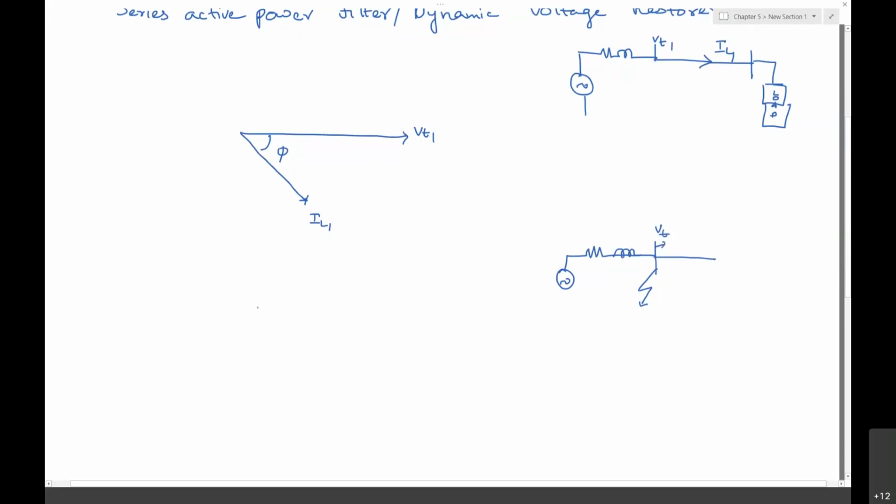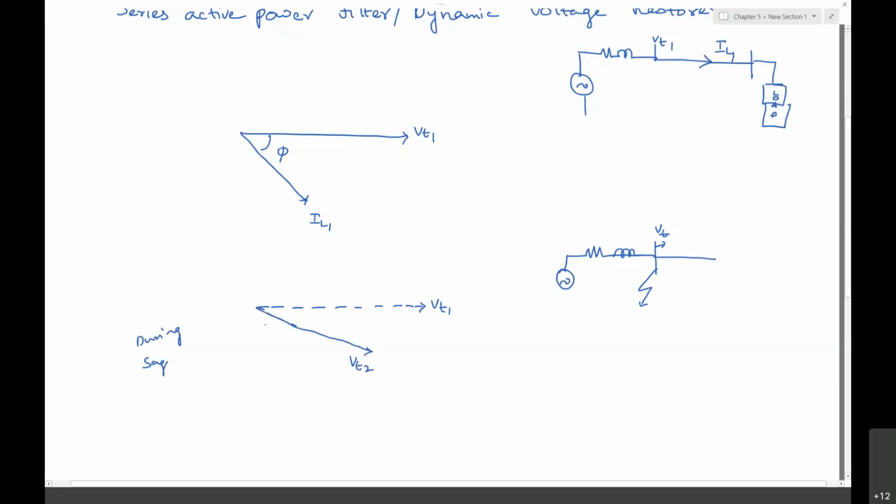The voltage with respect to this is VT1. Now, the voltage during the sag has come to over here, and there is a phase shift.